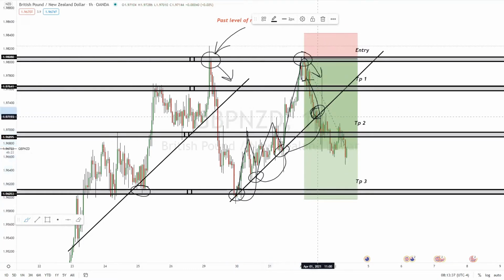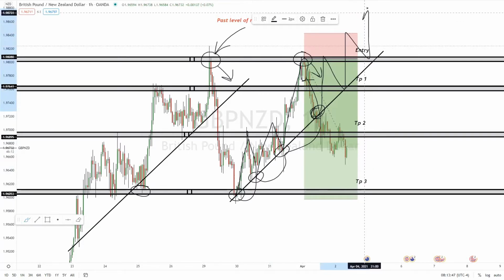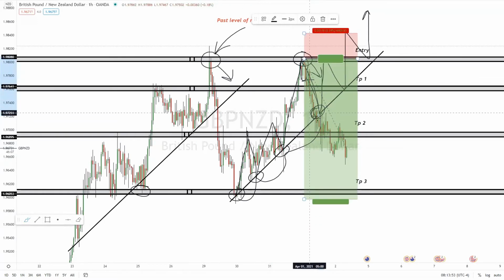So when it came right back here, what can happen next? The next impulsive move, a correction, the next impulsive move. So after the correction, the next impulsive move could have happened. This is why this trend line space is that make-it-or-break-it moment.